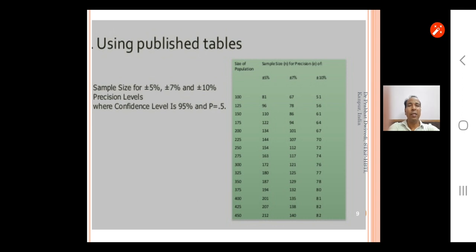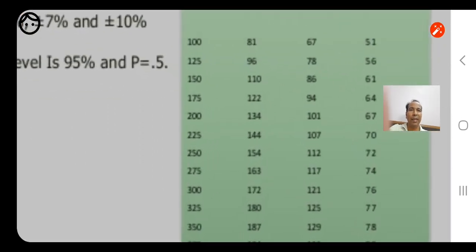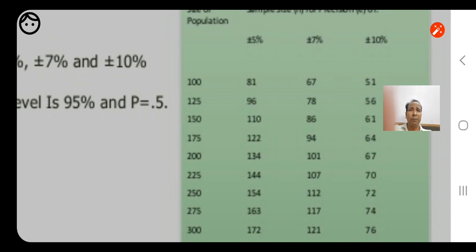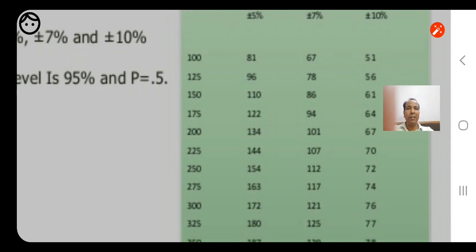That is what the proportion 0.5 shows here. So for an example, if plus minus 10% error I can allow with the population size 100 and 95% confidence level, then 81 should be the sample size.